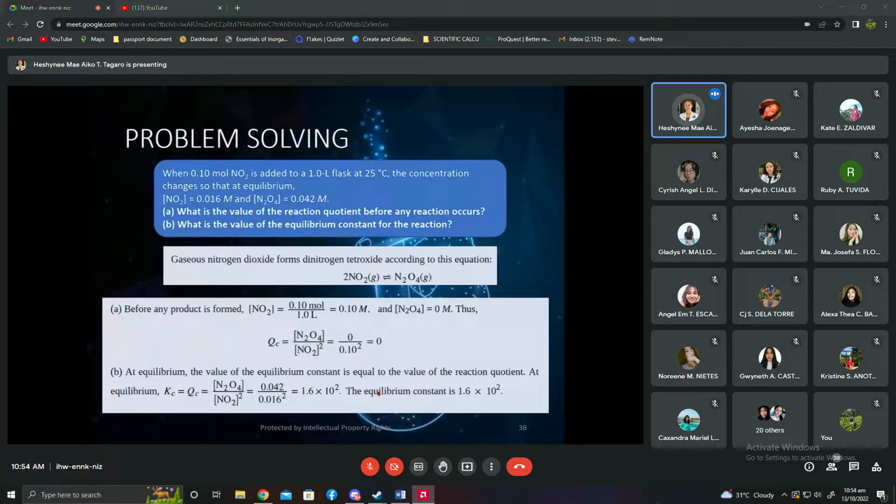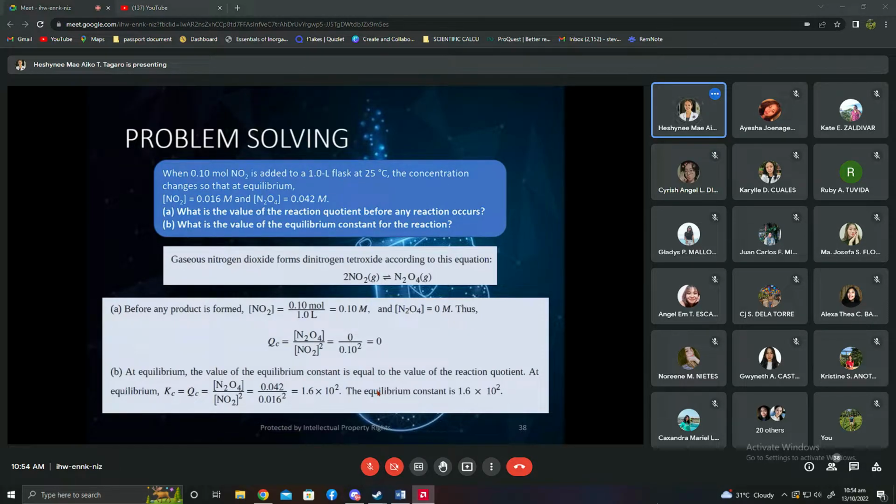Oh, so meaning, we now have the equilibrium concentrations, right? That is also given in the problem there. At equilibrium, NO2 is 0.016 and N2O4 is 0.042. Again, don't forget to write the Kc expression.